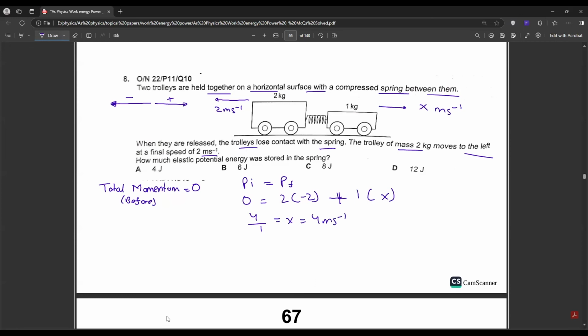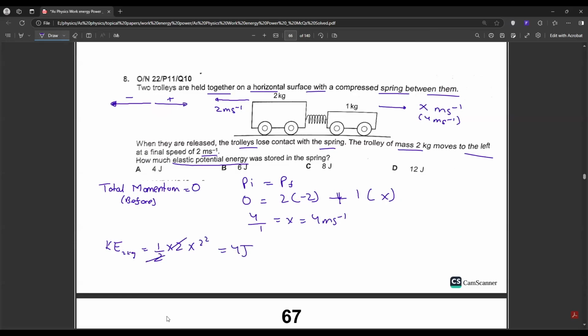Now, since there is no friction and since there is no heating, what can you do? You can sum up the kinetic energies of both the trolleys to calculate the elastic potential energy. The kinetic energy of 2 kg was what? Let's calculate it. 1 upon 2 into the mass, that is 2, into the velocity square. 2 cancels out.